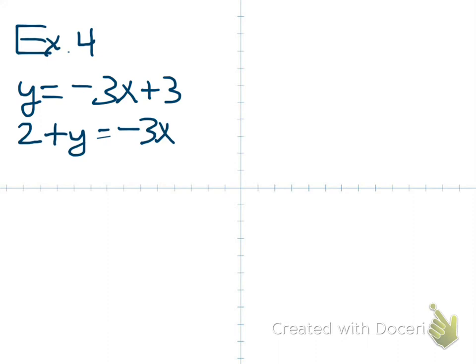Okay, if you look at this example, solve for y. Let's solve that second one for y. Let me do that one in red, and we'll have y equals negative 3x minus 2.